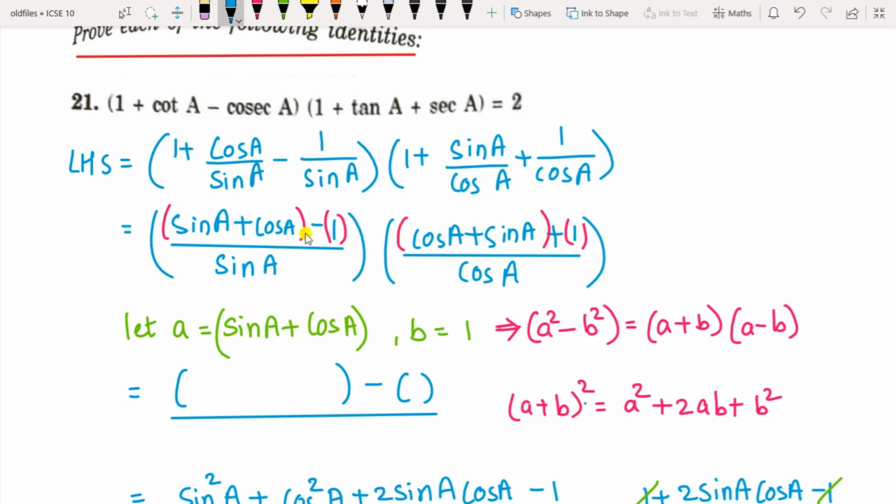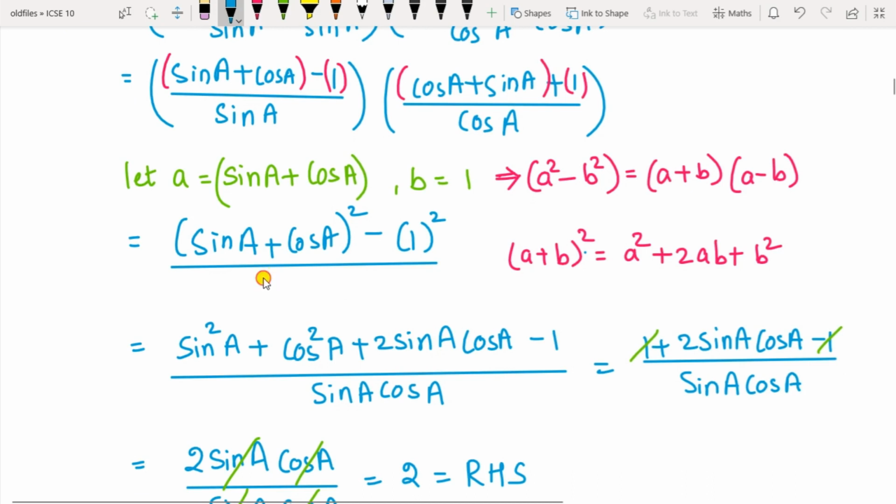Now this becomes like a formula. Suppose this first bracket as a and this 1 as b. So this is a plus b and a minus b, so it will be the a square minus b square formula. So this will be sin a plus cos a the whole square minus 1 the whole square, this is a square minus b square, upon sin a cos a.